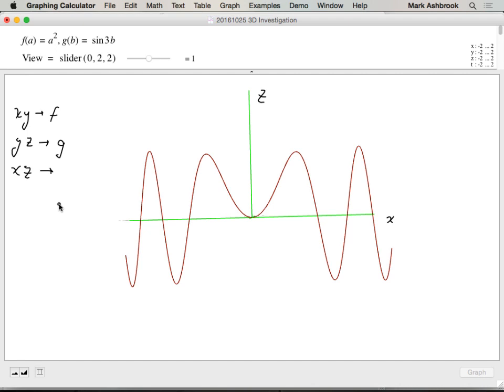What do you see when you look at the XZ plane? Is this h? What was h again? Do we see the composition anymore? When you see this, you just see z equals h of x, which is sine of 3x squared.